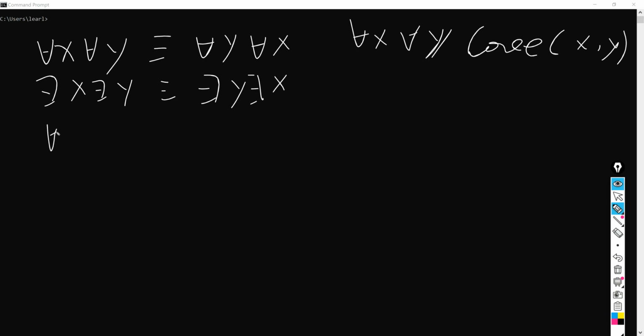However, if we have different signs, let me highlight this, they're not equivalent by changing their order.